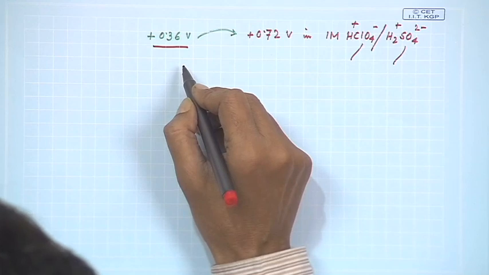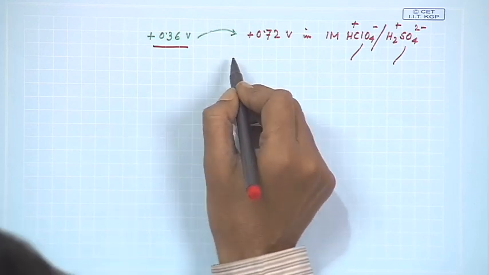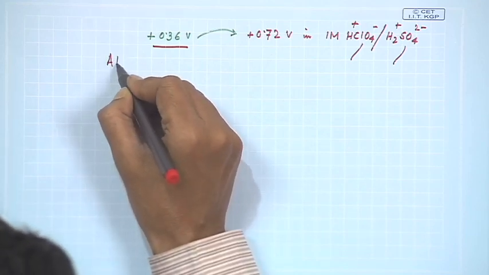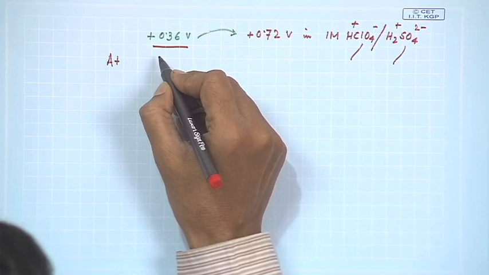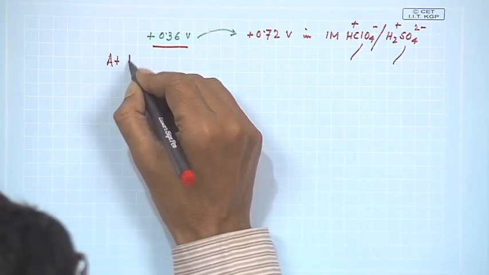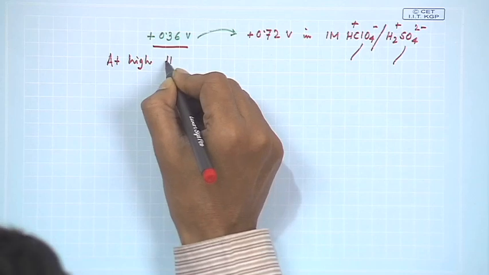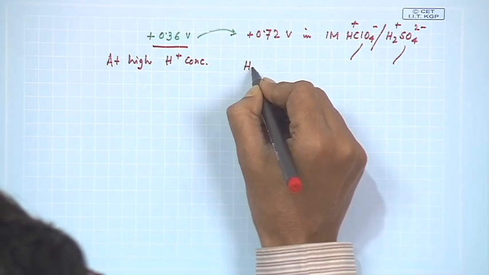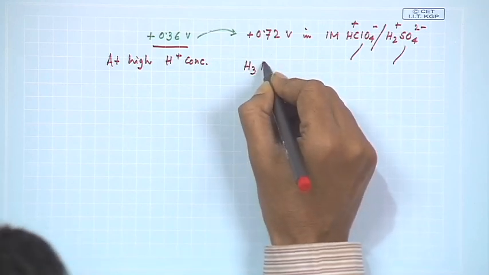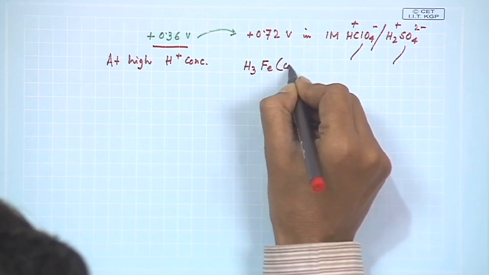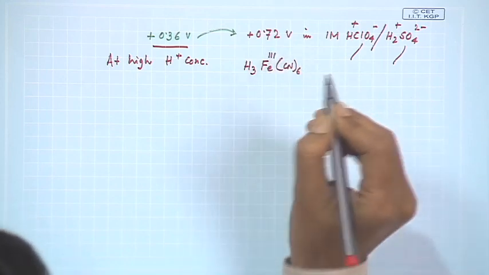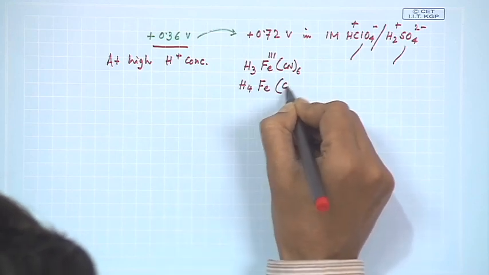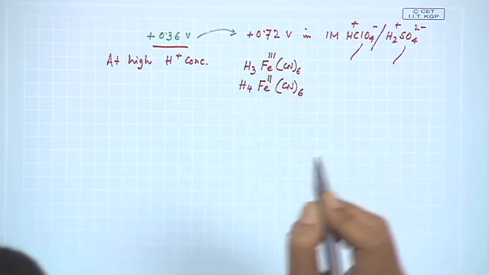What we get here is protonation at 1 molar or higher proton concentration: the protonated form of these species, H3Fe(CN)6, which is ferricyanide, and H4Fe(CN)6, which is ferrocyanide.